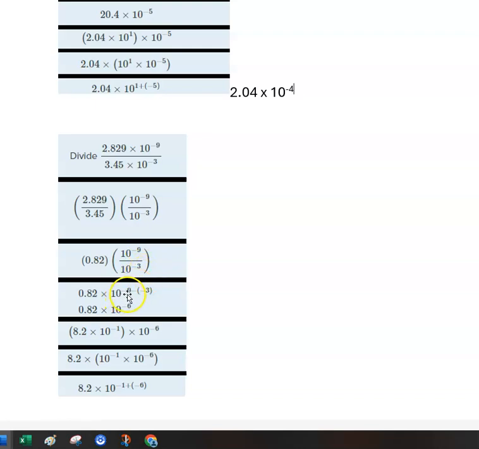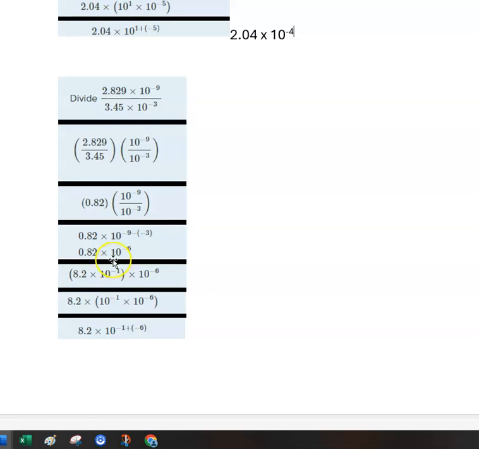So, negative 9 minus negative 3. And if that's confusing, I'd say type it in the calculator exactly how you see it. It gives me negative 6. So I'm almost there, but this part at the beginning is not in scientific notation. I'm going to need to make it 8.2.